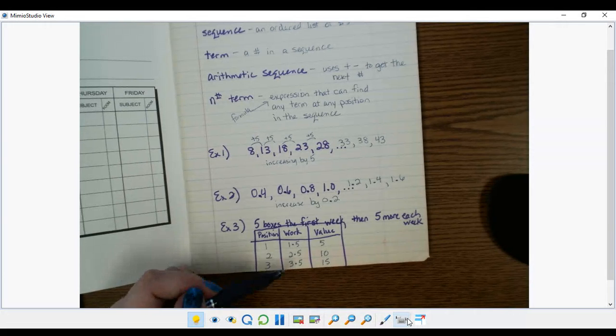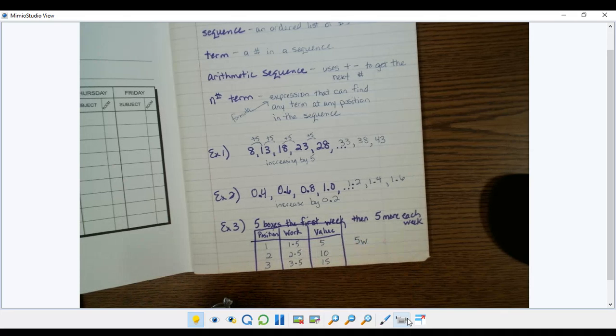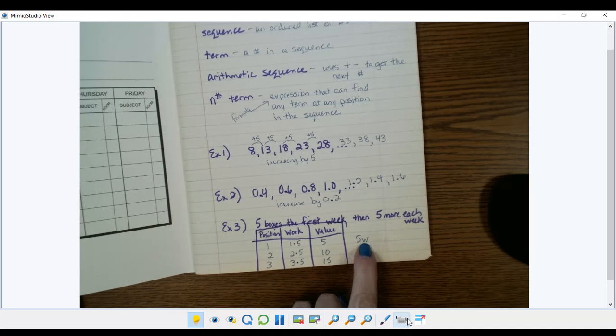So if I had to write a rule or an expression or an nth term formula, I would say this is 5W, where W is the number of weeks. So if I needed the 100th week, I could simply do 5 times 100. I predict if their pattern continues that at the end of the 100th week, they will sell 500 boxes of cards.